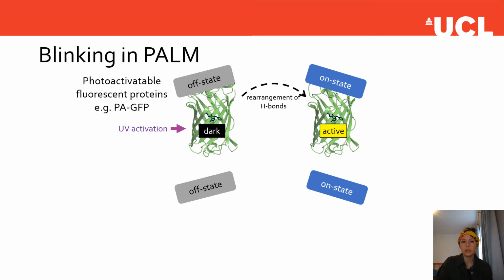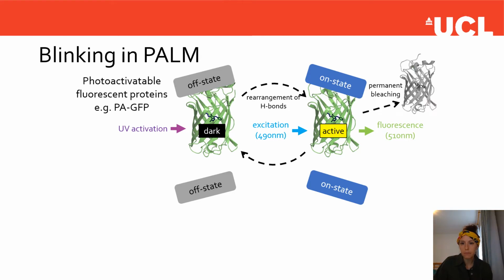So if I apply UV activation, some of my GFP molecules will become active, turning into a functional GFP, which can then be excited and emit fluorescence. Great. And then after a while, this can go back to the dark state, or the on state can be permanently bleached. So we can have these on and off transitions.